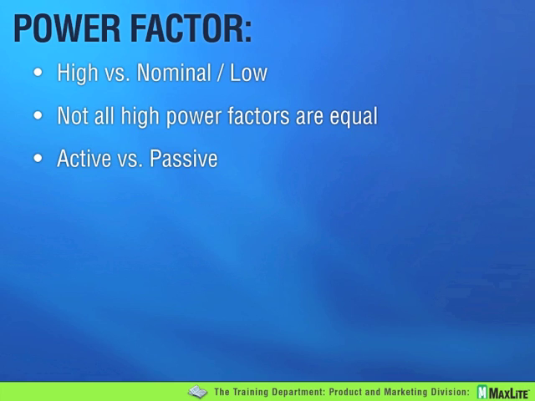Discharge lamps such as fluorescents all require a ballast, also known as a choke or a transformer, to operate properly. It's inherent in high pressure sodium, mercury vapor, fluorescent, and so on. These devices are inductive by nature.